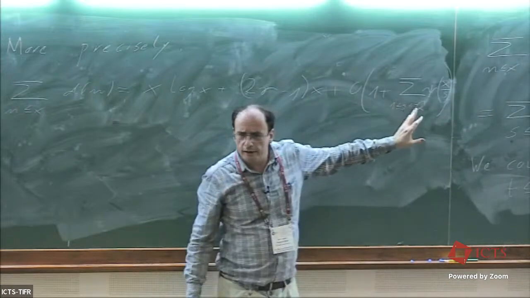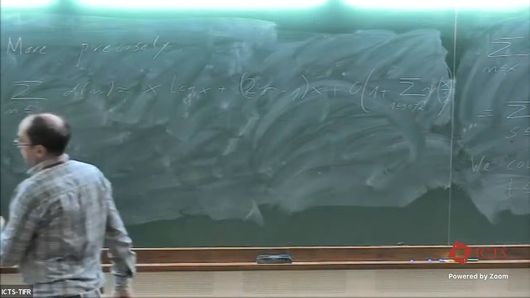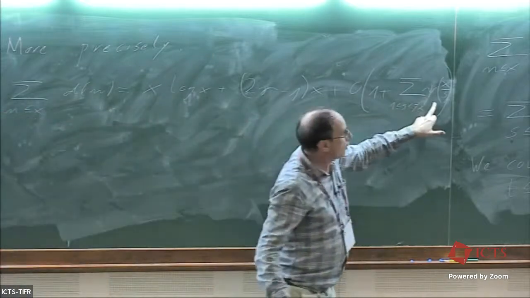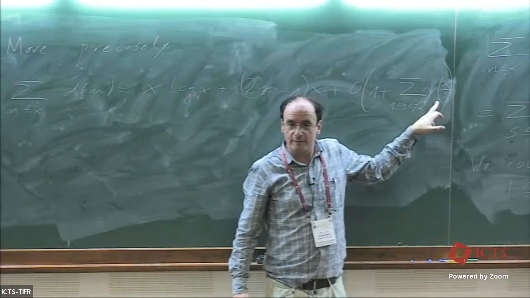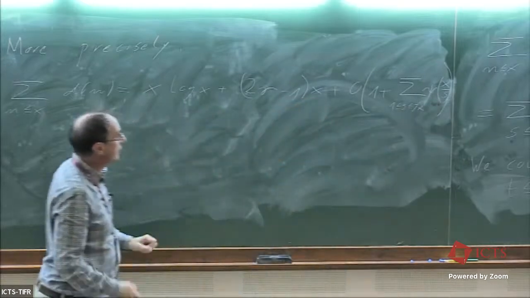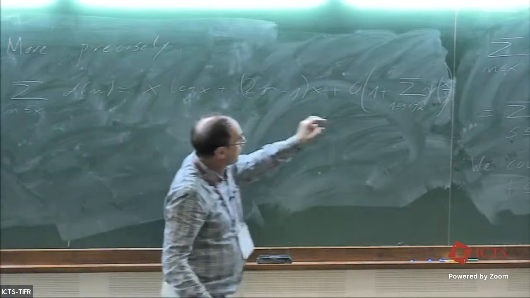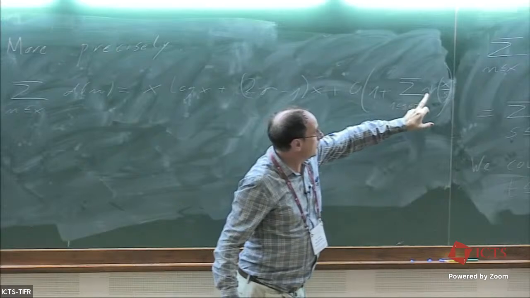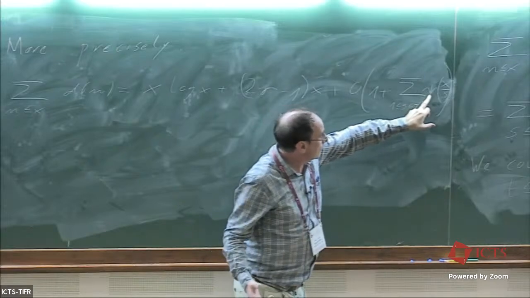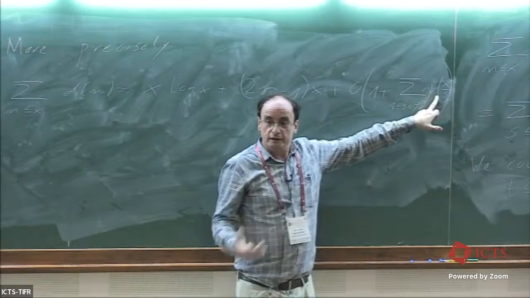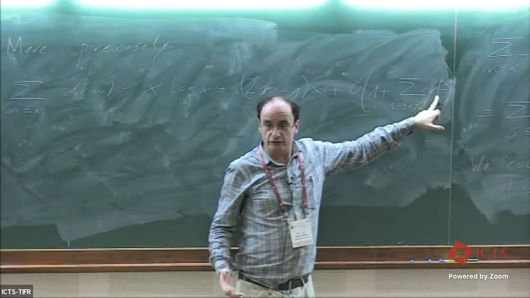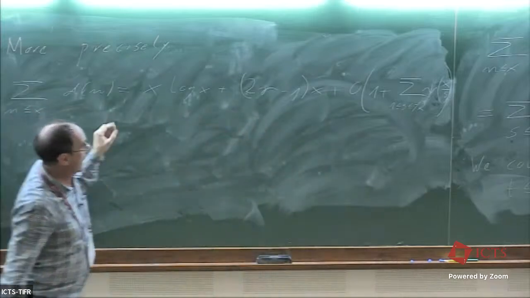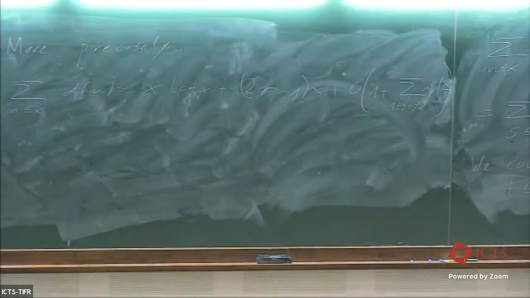Just using the triangle inequality gives the bound O of square root x, because these summands here are all of size O of 1. Good. So since we can Fourier develop these functions, we can make progress on that using exponential sums.